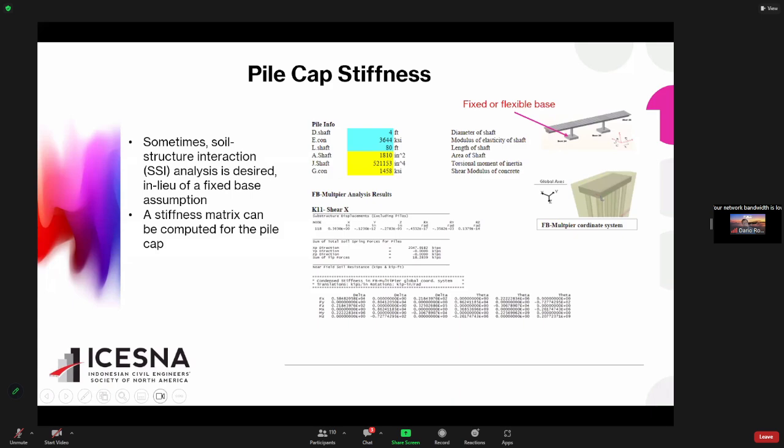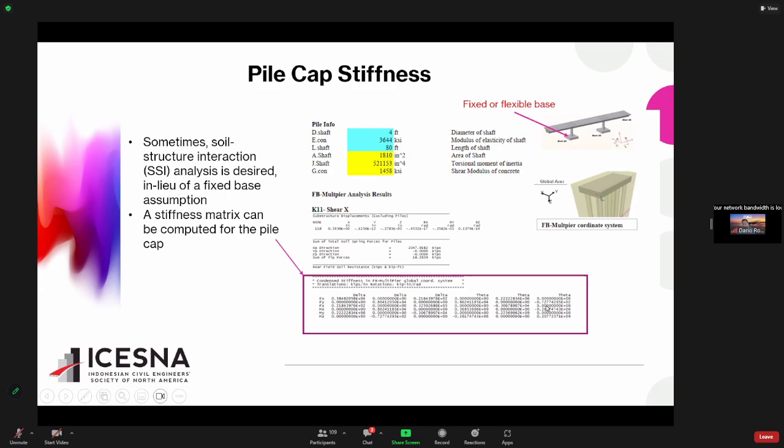So if you do that, then you need the stiffness matrix for this pile group or pile cap. This is the program that we use, a program called FB-MultiPier, and the program will compute the stiffness matrix for you. It is basically this one.